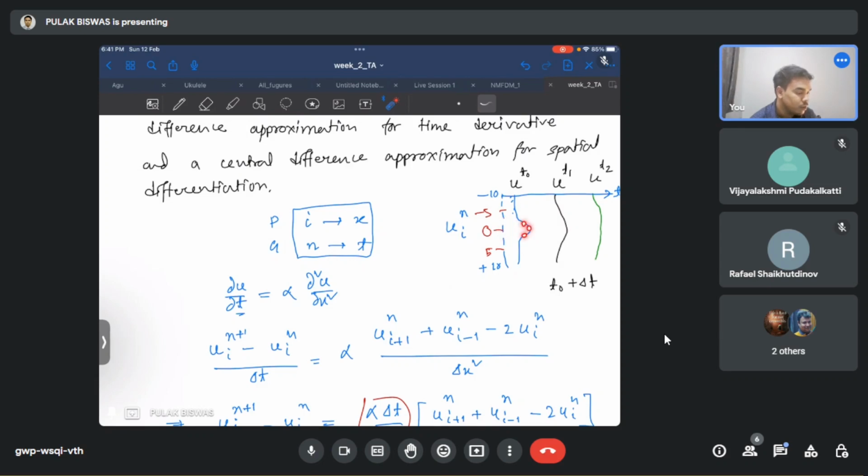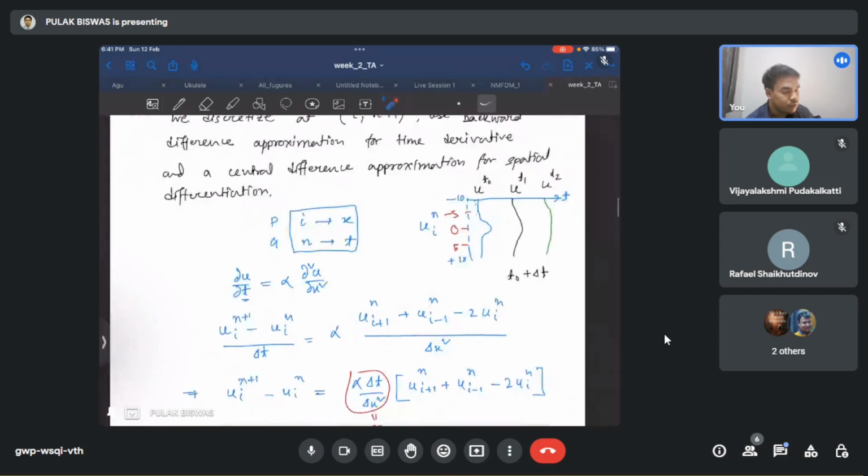These three values will be used, along with the delta x and delta t, these two parameters, and you can calculate this one at the 0th point at the next time.